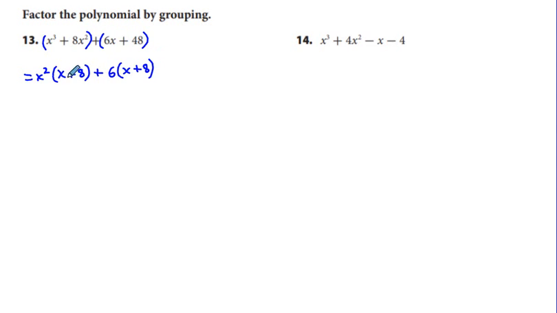And so now we have two groups with a common factor of x plus 8. And so we can rewrite this expression up here as quantity x plus 8 times quantity x squared plus 6.